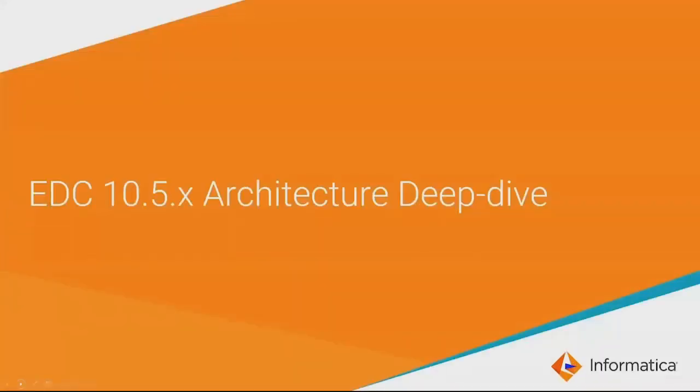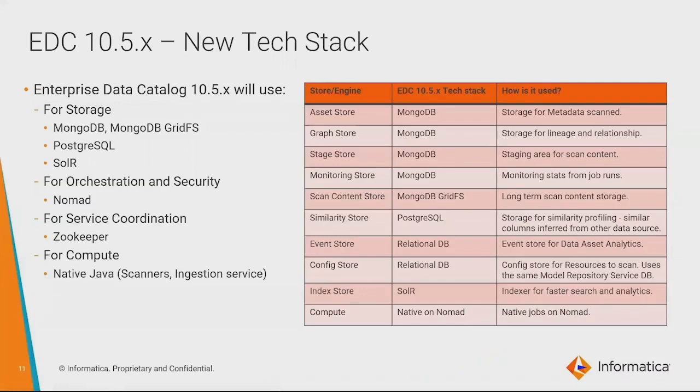All right, with that, let's deep dive into the EDC 10.5 architecture, which is the main topic for today's discussion. Let's start with the new tech stack used in EDC 10.5. Starting with version 10.5, EDC uses a new Nomad plus MongoDB based architecture. For storage, we use MongoDB and the MongoDB GridFS file system.